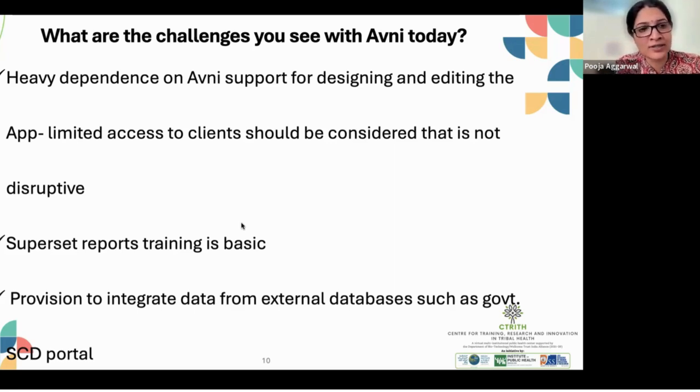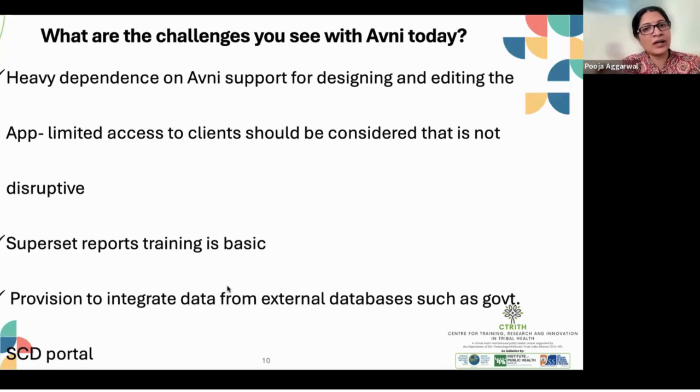I'm not sure how it is for Metabase, since we have been given access to Superset only. And also I would like to see whether Avni can, I don't know if presently it is there or not, integrate our data or get data from external databases, mainly from government portals like the sickle cell disease portal, where we have to stay in sync with the government portal.